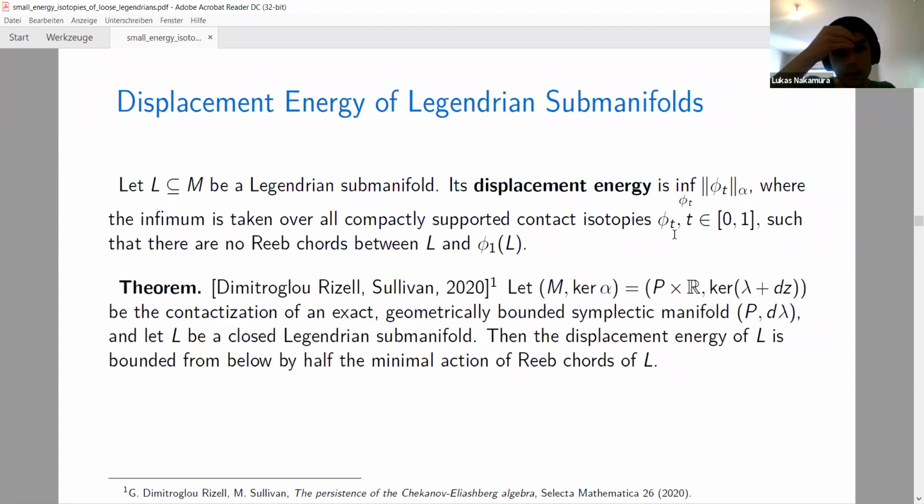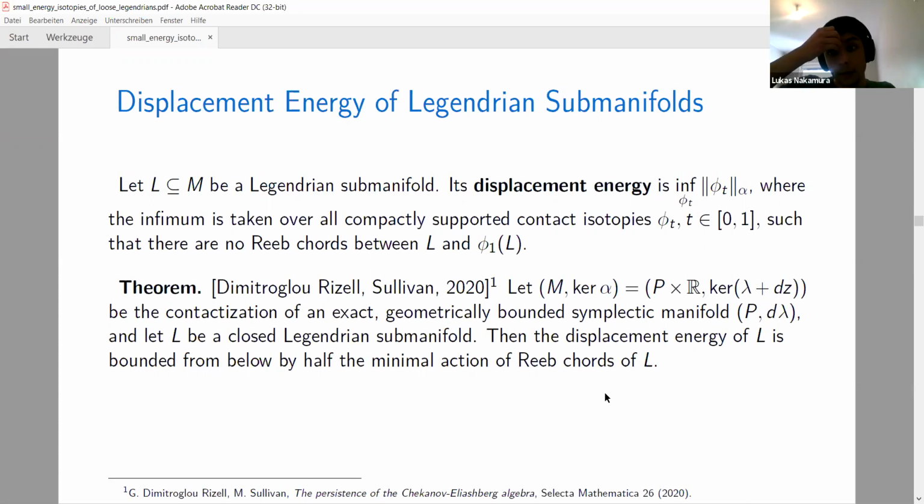So Dimitroglou Rizell and Sullivan proved that for certain special kinds of contact manifolds, namely the prequantization of exact geometrically bounded symplectic manifolds, if you have any closed Legendrian submanifold, the displacement energy of this Legendrian is actually bounded away from 0. And they gave an explicit bound, namely it's half the minimal action of the Reeb chords of L. And well, by compactness of L, this is a non-zero number.